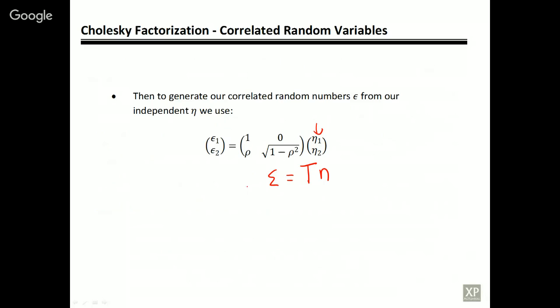Then if we multiply these two matrices, we get 1 times N1, so we get N1 as our first term, and we get rho times N1 plus the square root of 1 minus rho squared times N2 as our second term. So our matrix of correlated random variables is N1 and rho N1 plus the square root of 1 minus rho squared N2.